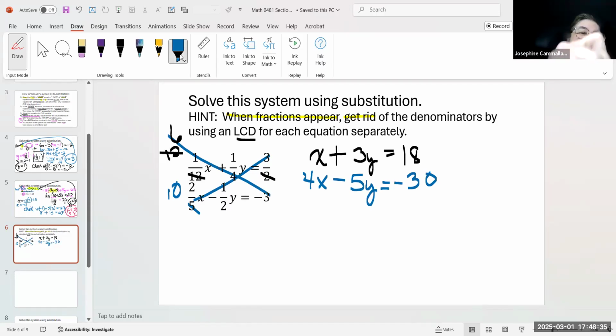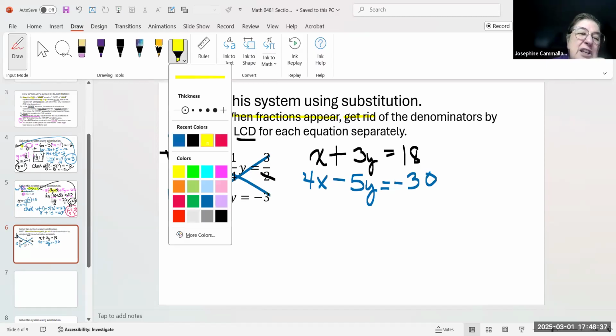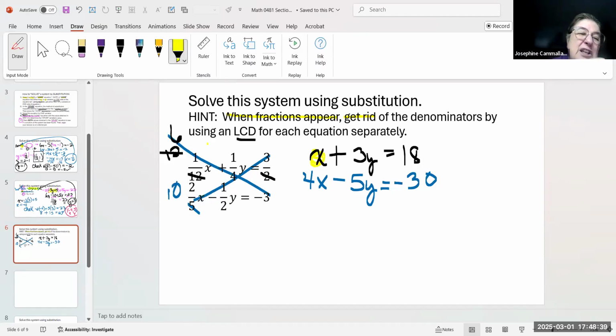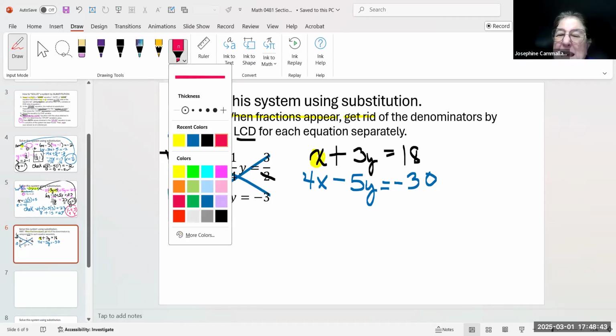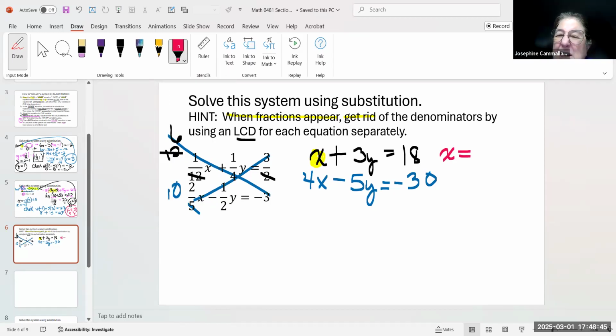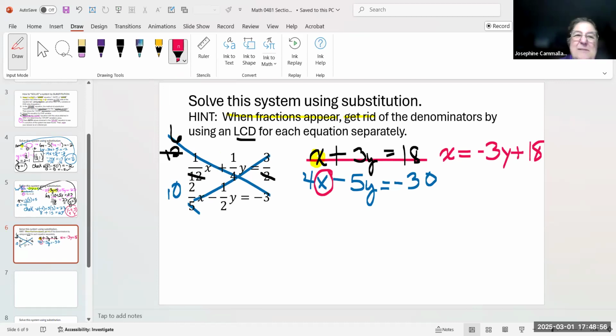Now, this black equation, I have an x. Can I get it by itself? Yes, I can. This will be x is equal to negative 3y plus 18. I don't want to look at that equation because now, see where this x is?